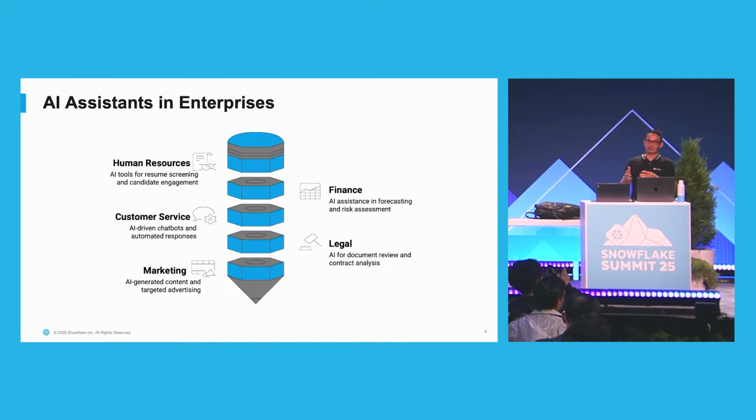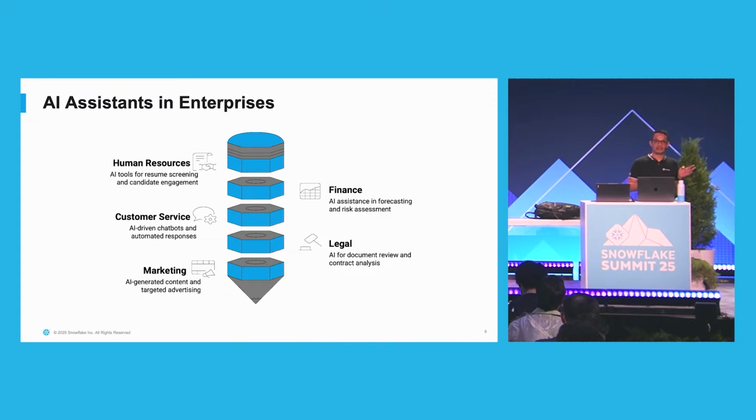In finance, we have forecasting, risk assessment, and preparation of reports. And there are a lot of use cases in customer service as well. You might have interacted with a lot of customer assistants, asking queries, and they provide you responses. They are eliminating the need for human agents.